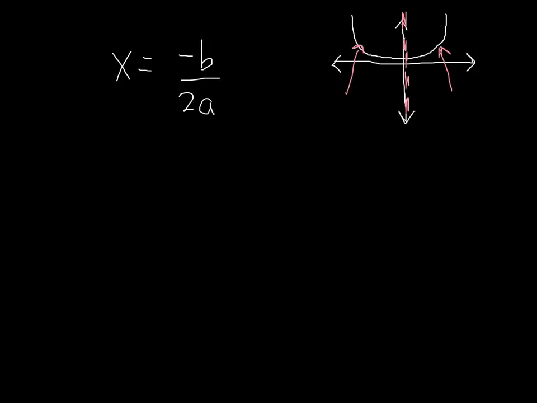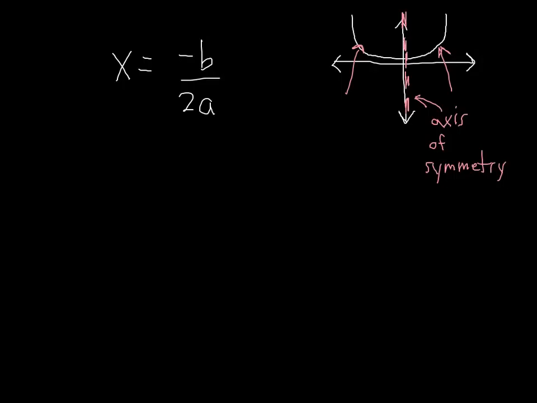So this little line that cuts it in half, so that you get the same kind of shape on the left and right side, is called the axis of symmetry. You can also think about it as if this were a sheet of paper and you folded it in half, then the two sides of this line would match up with each other.